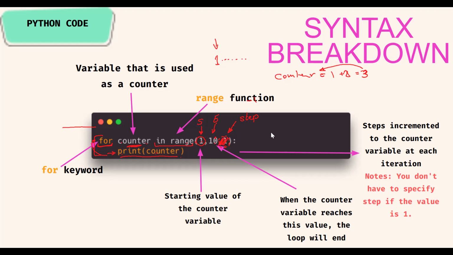But if you put a strange value like 2, 3, 4, then I would recommend that you put the step like that. If you only want 1, this is optional. You can omit it, and it will still increment your counter by 1, because this is the default. Is that clear?